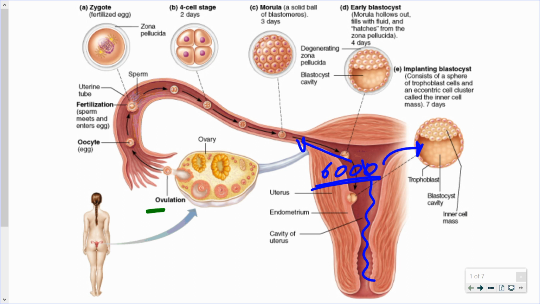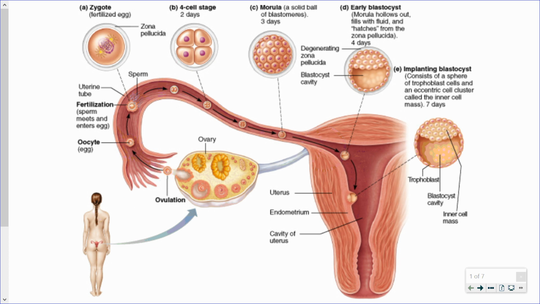keeping in mind that in humans, it is not one egg that is released from each ovary, it is one egg between the two ovaries. In reality, the egg that is being released from the ovary, when it is in the fallopian tube, is probably releasing some chemical signals. So it's probably not the case that out of the 6,000, 3,000 are making the wrong turn.